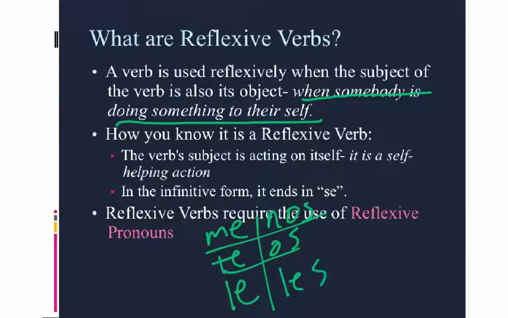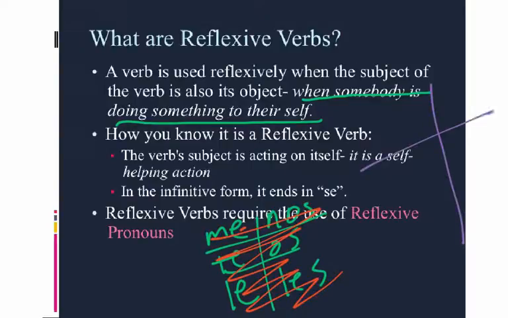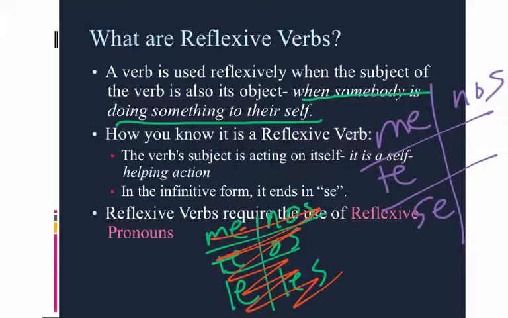And that is when I'm doing something for someone or someone is doing something for me. But when I am doing something to myself, or you are doing something to yourself, or he or she is doing something to him or herself, then it's a reflexive pronoun, and that would be me, te, se, nos, os, and se.